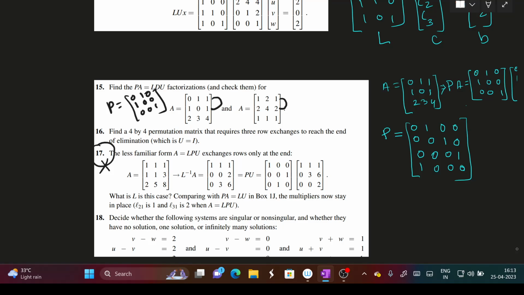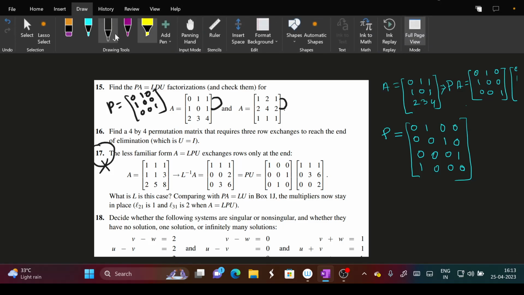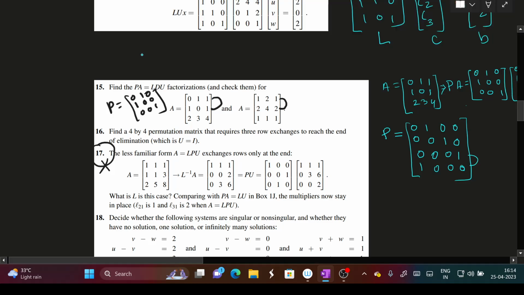Now find a 4 by 4 permutation matrix that requires 3 row exchanges to reach the end of the elimination, that is, U equal to the identity matrix. Observe here, this is a permutation matrix, and to get the identity matrix from this, first these two rows should be interchanged, then these two rows, then these two rows.